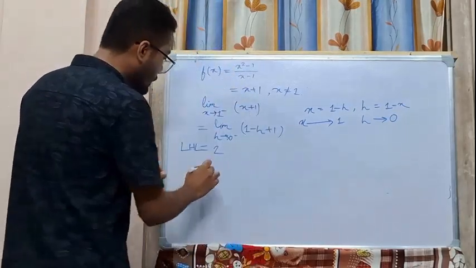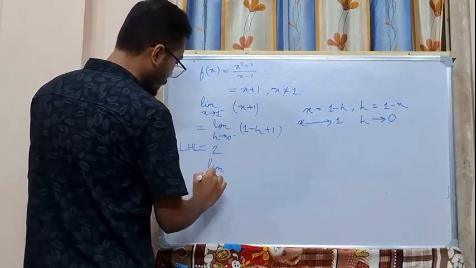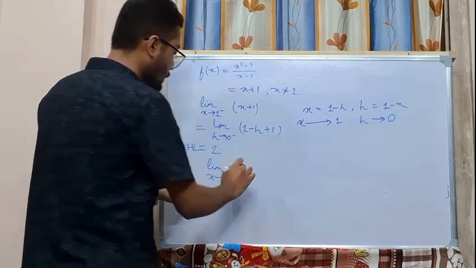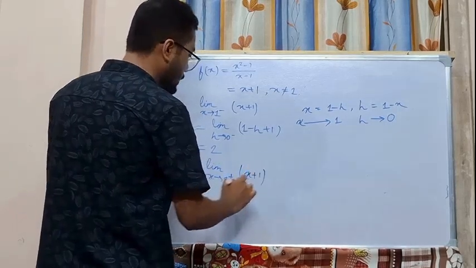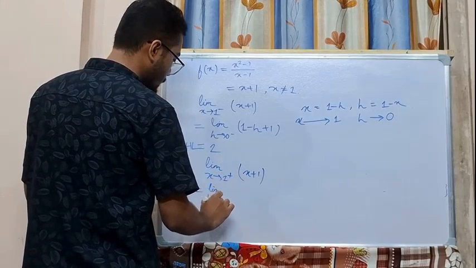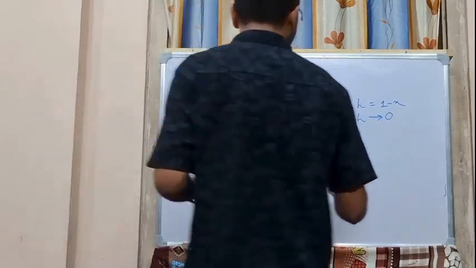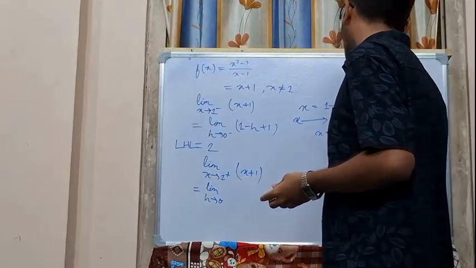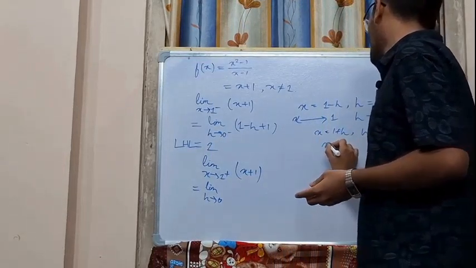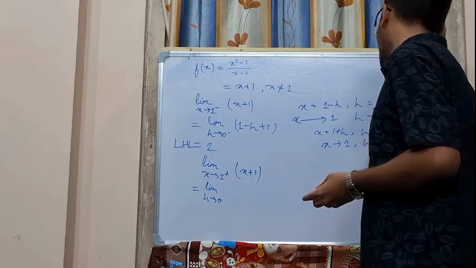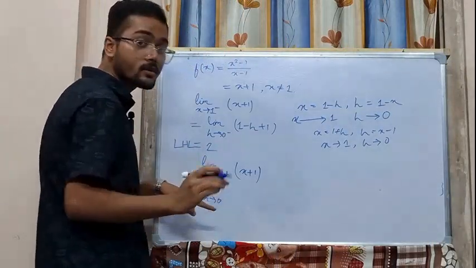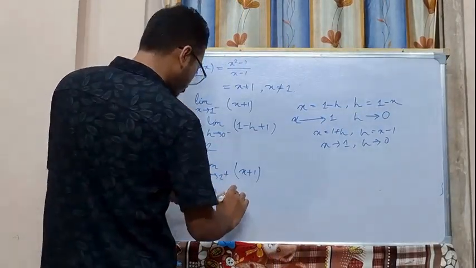What will be the right hand limit? Limit x tends to 1 positive, x plus 1 will be limit h tends to 0. Why does it tend to 0? x is equal to 1 plus h, that means h is equal to x minus 1. x is approaching 1, so h is approaching 0.